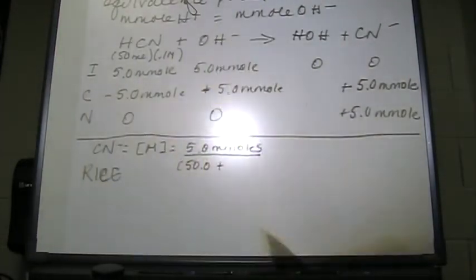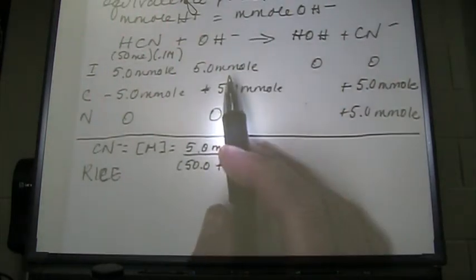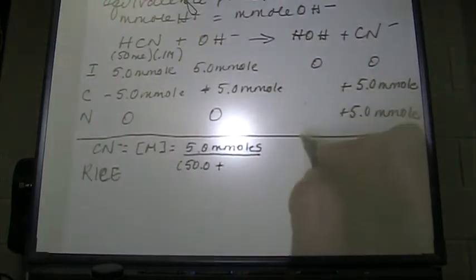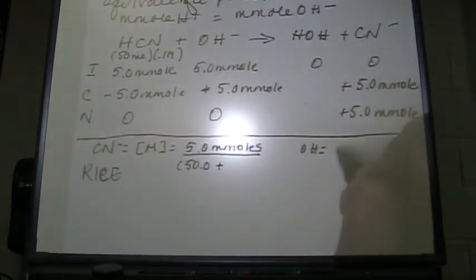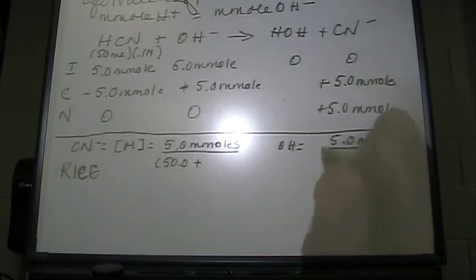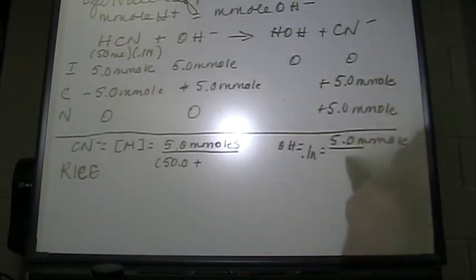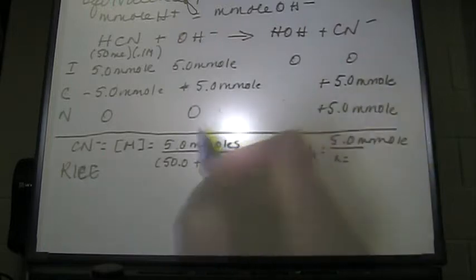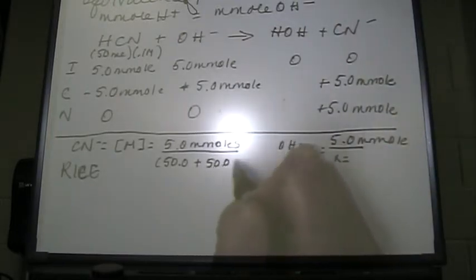How much base did you need to add in order to get 5 millimoles? 50. How did you figure that out? Of the base, you know that you have 5 millimoles. Its molarity is 0.1, so the volume that you used, X, is equal to 50. So there you go.